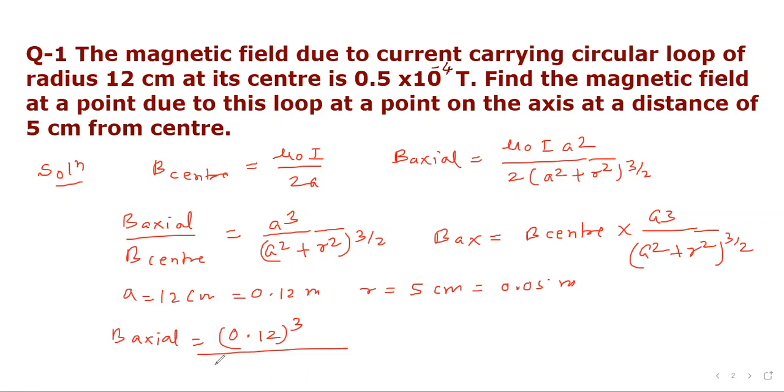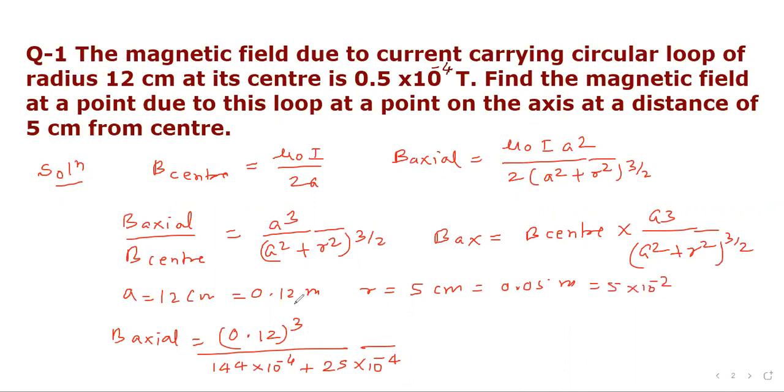So it is 12 square, that is 144, into 10 power minus 4. Here 0.12 square I have taken, and plus R square, that is 25 into 10 to the power minus 4, which is equal to 5 into 10 power minus 2. So square of it.